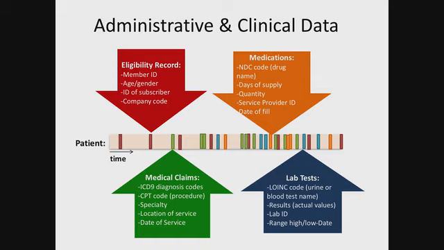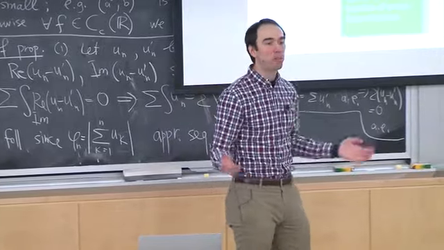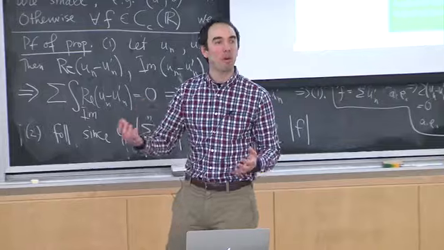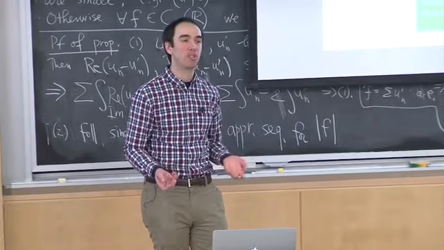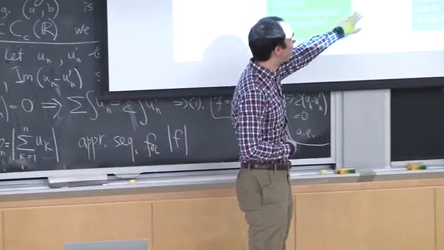And finally, we have access to laboratory tests. Traditionally, health insurance companies only know what tests were performed because they have to pay for them. But more and more, they are forming partnerships with companies like Quest and LabCorp to get access also to the results of those lab tests. And in the data set that I'll tell you about today, we actually do have those lab test results as well.